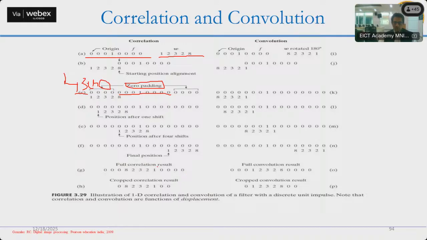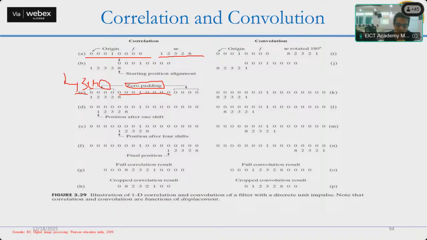So now what do we do? This is our full correlation result. Now, what is its length here? We check that its length should be the same as the original length of your signal. So what is this length? 1, 2, 3, 4, 5, 6, 7, 8.